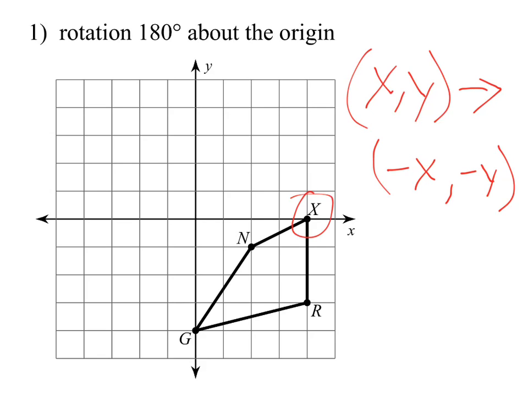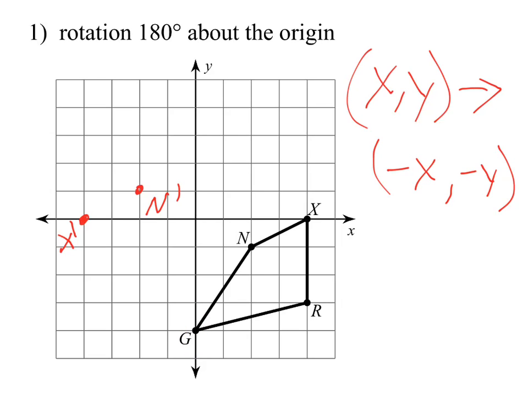So, for example, X here is at the point (4, 0). If you want to do a 180 rotation, X is going to be at (-4, 0). So that's where my X prime is going to be. M is at (2, -1). It's now going to be at (-2, 1). There's my M prime. G was at (0, -4).